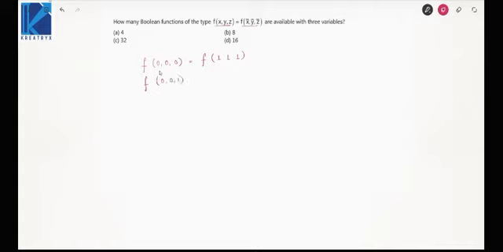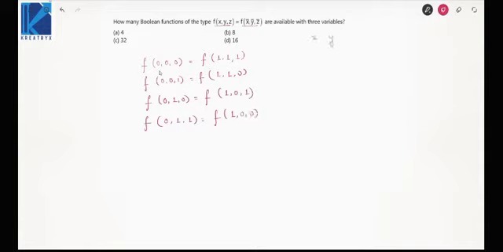If you keep as 0, 0, 1, it should also be equal to 1, 1, 0. If you keep it as 0, 1, 0, it should also be equal to 1, 0, 1. If you keep it as 0, 1, 1, it should also be equal to 1, 0, 0.